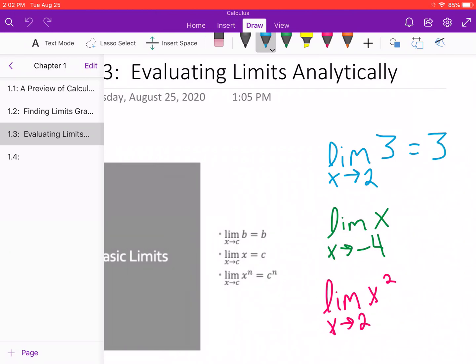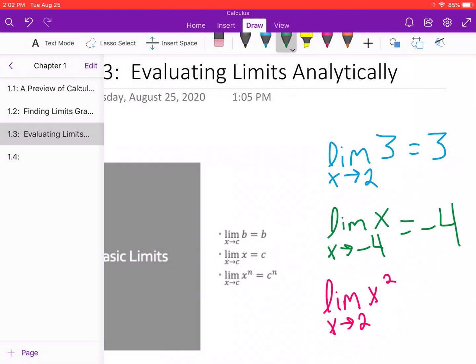The second one is if we have just a linear equation, basic y equals x, the limit as x approaches c of x is c. Okay, so whatever you're approaching, that becomes your limit. So for this example, the limit as x approaches negative 4 of x is just negative 4.